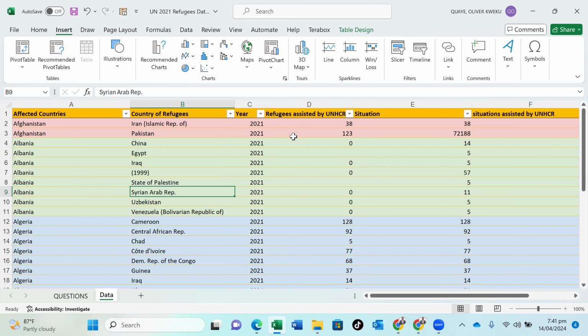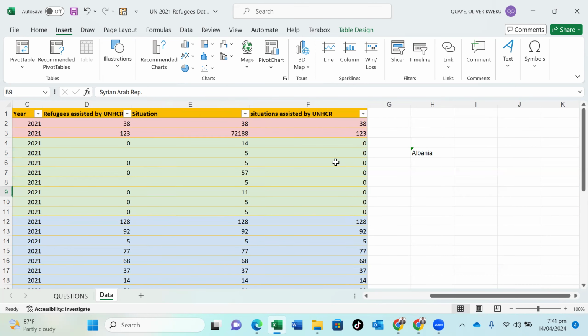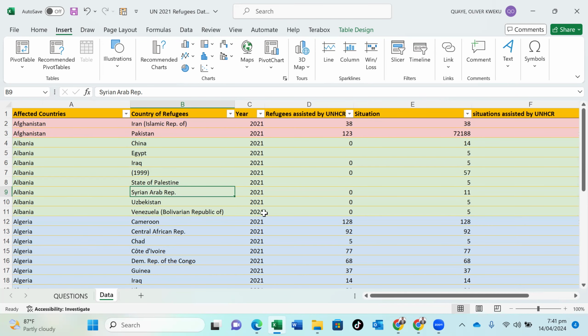So in this case, we are looking at people that were assisted by the commission. The next one is looking at the real situation on the ground, and from the situation, people that were assisted. So these are the columns we have: 1, 2, 3, 4, 5 columns in total.